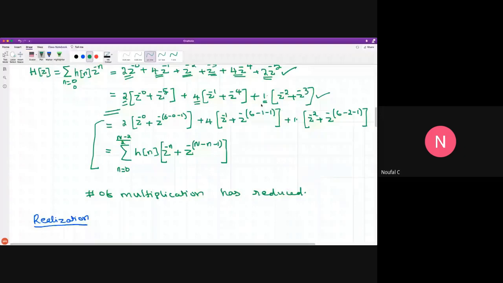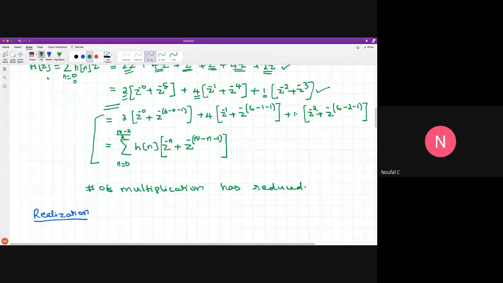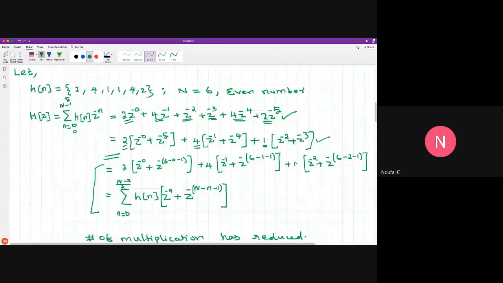If you want to realize this structure, you can see that we can have two delay elements grouped, and it is multiplied with a single coefficient. So let me copy this equation. This is my H of z. Let me copy this equation.